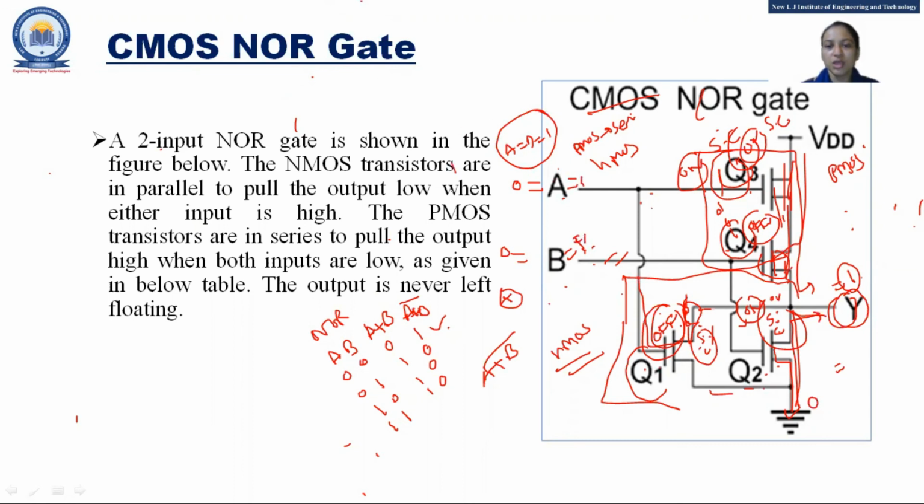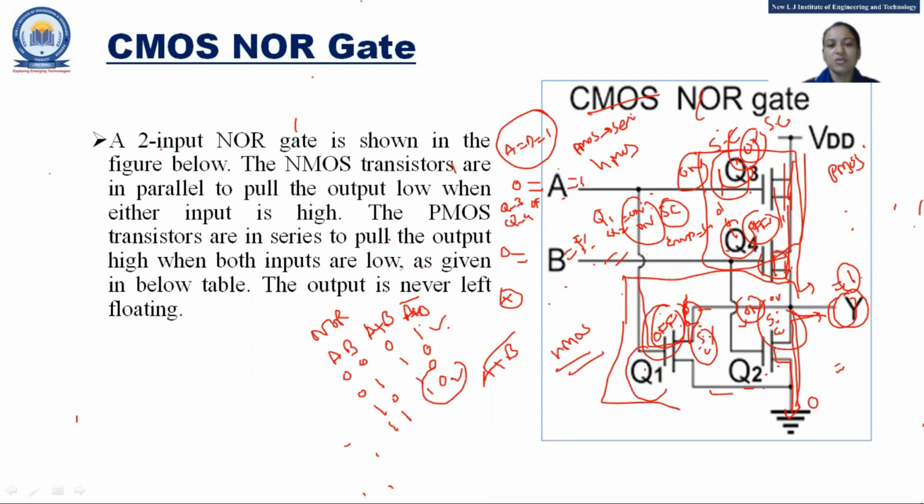So Q3 and Q4 both are off, whereas Q1 and Q2 both are on, but as both are on, a short circuit will be formed and both are connected with the ground. So the logic is 0. So whatever the output of this ground, that is applied to our output Y. So we will get the output as 0.